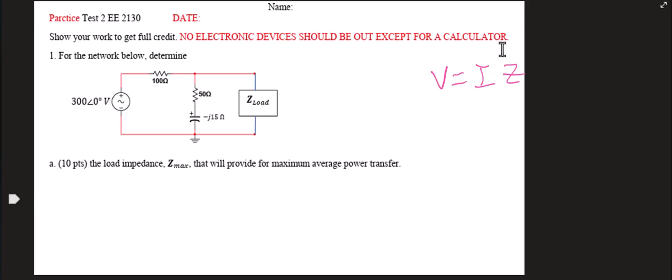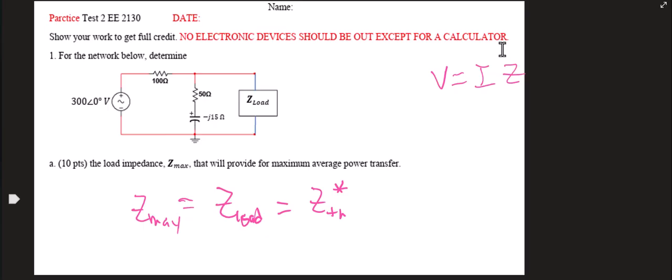So you want Z load to be the conjugate of Z Thevenin. So you find Z Thevenin and then you change the sign of the imaginary, and that tells you the load impedance, that tells you what Z max is. So that would be Z max.